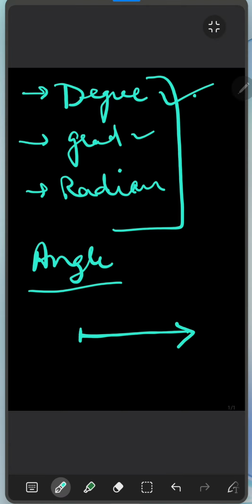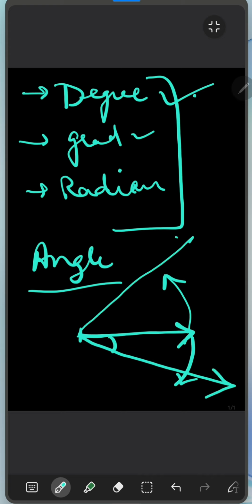If we move a ray, this is a ray, in an anti-clockwise or clockwise direction, it subtends an angle at the point from where it is originated.